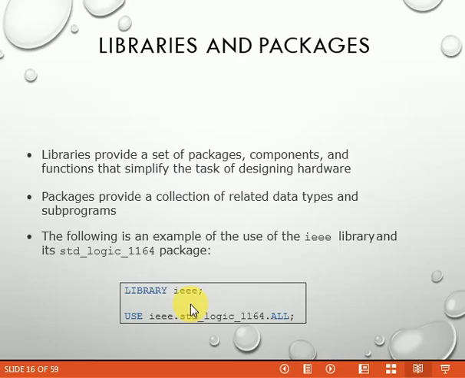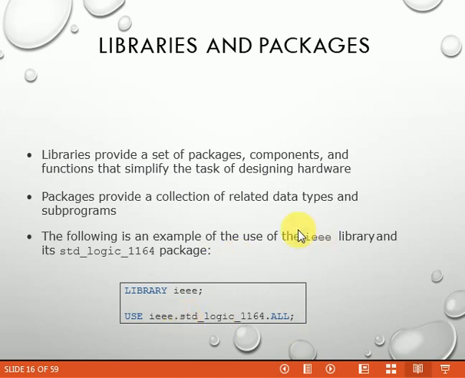After that, which package from this library we are going to use needs to be mentioned, and that is why we use the keyword use. The syntax will be the library name, then the package name, followed by all, so that whatever components are present in that package, we can add to the program.